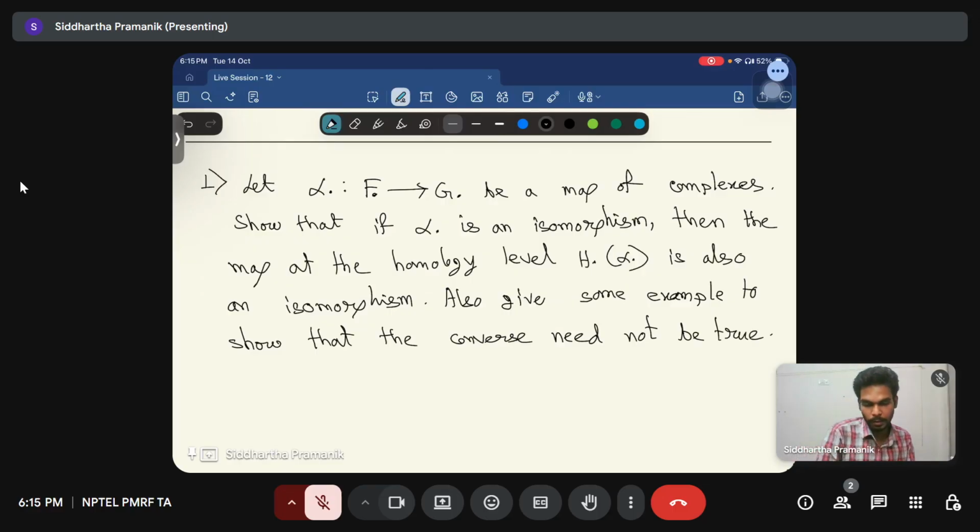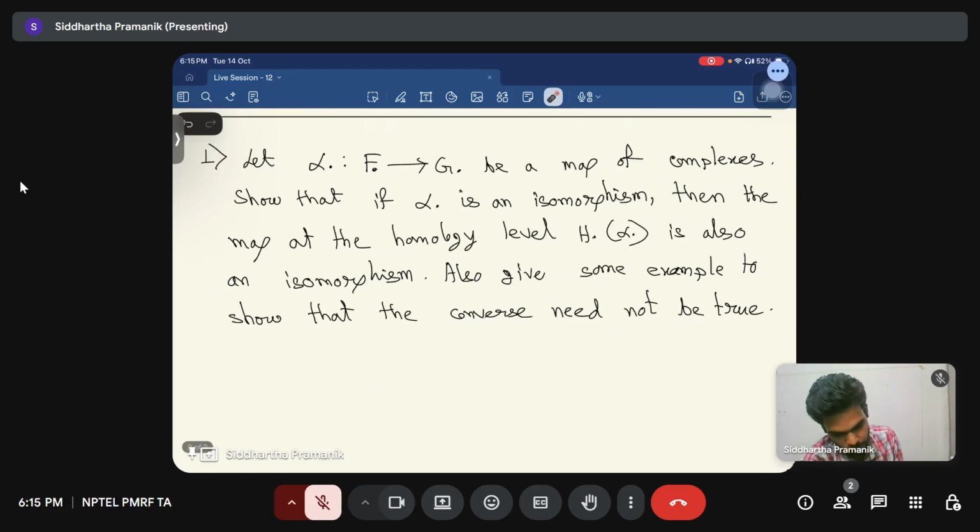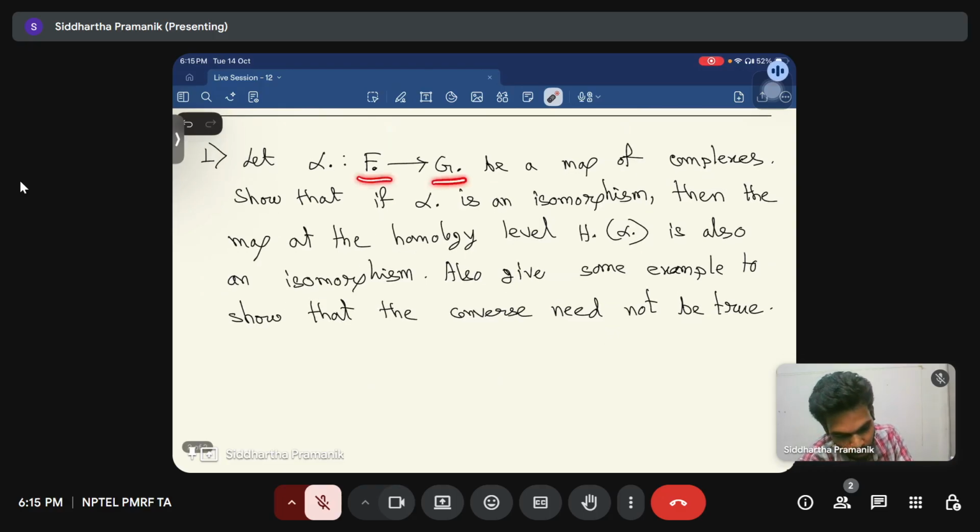Okay, so what is the question here? f dot and g dot are two complexes, and alpha is a map between them. Then this alpha will induce morphisms at the homology level.